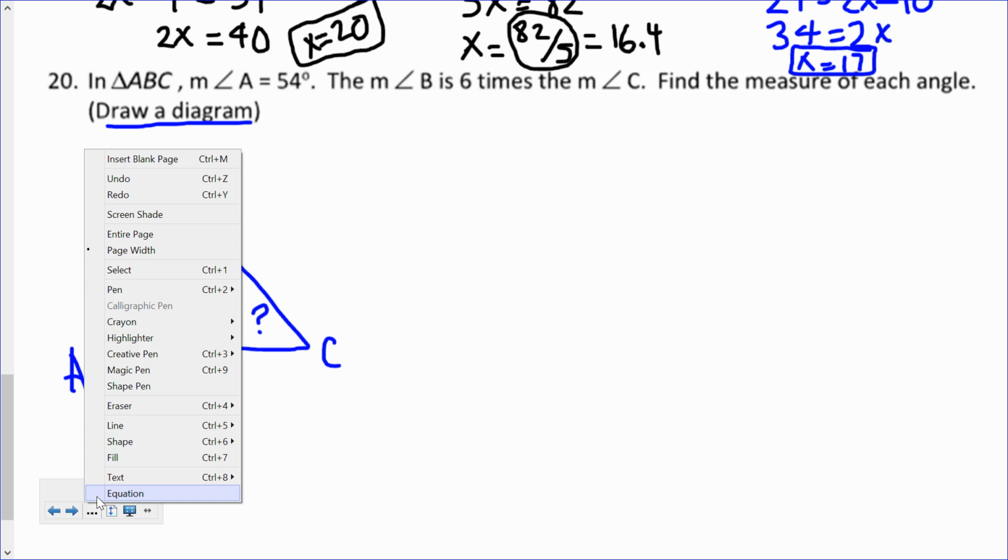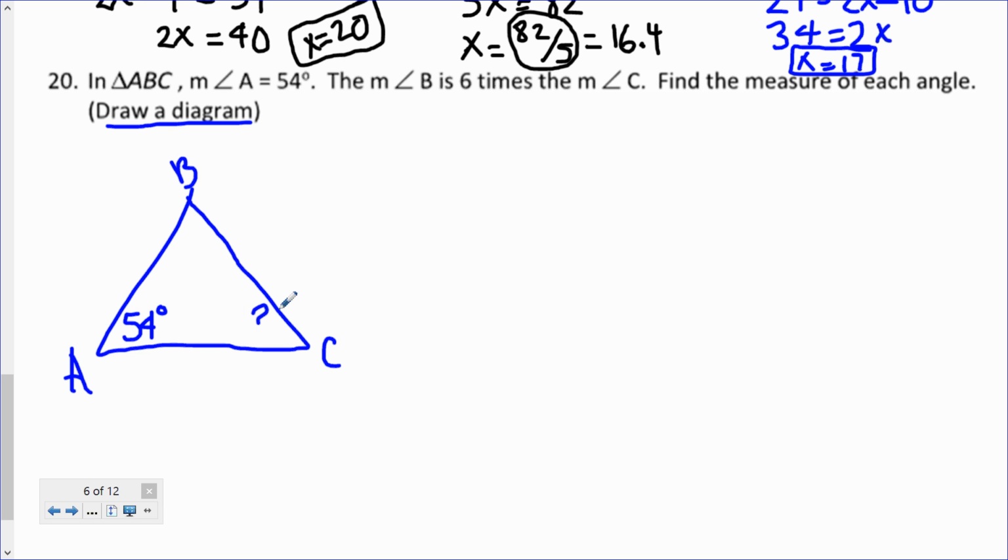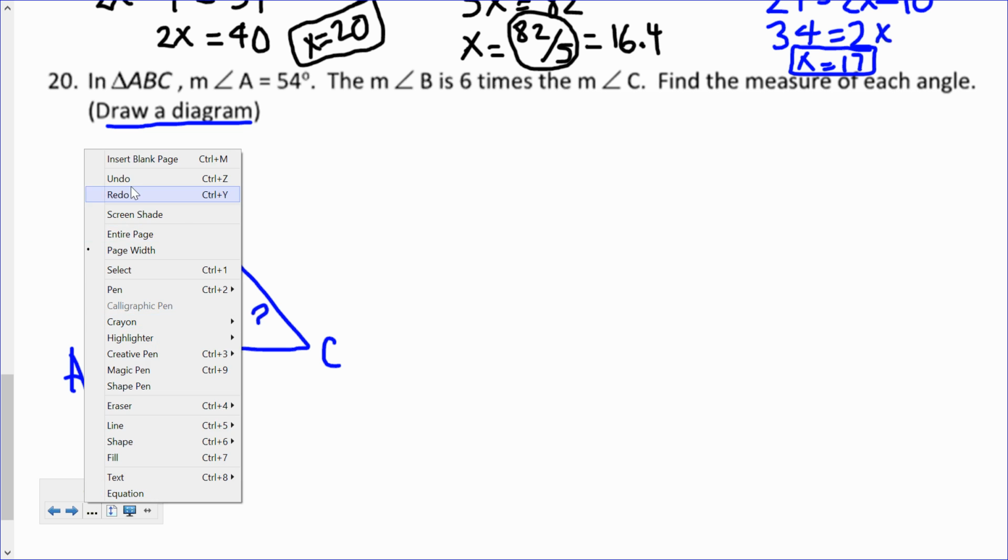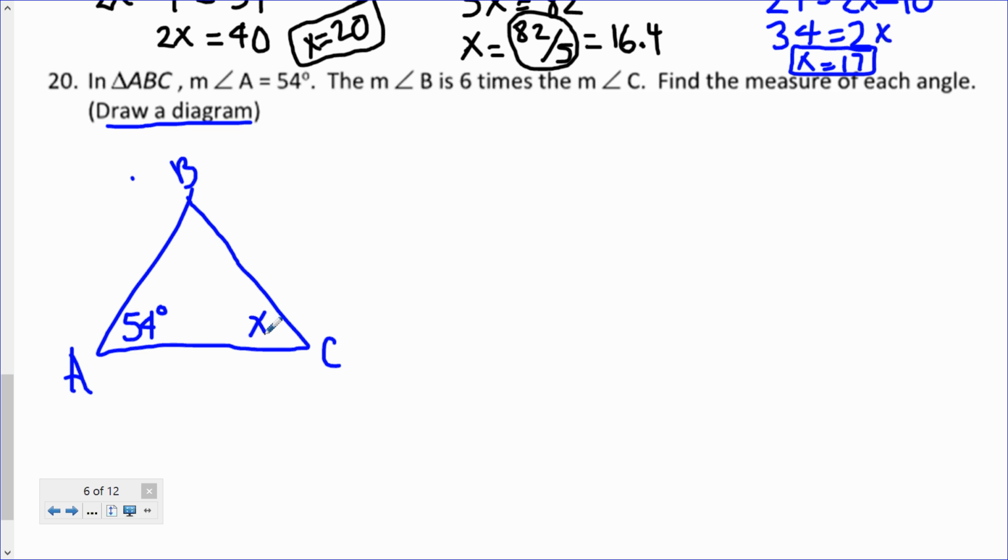So in math, if you don't know something, what do you use to represent that unknown quantity? You use a variable. So let's call it x. And then B is 6 times the measurement of C, so that's going to be 6x. And now I can add the terms together and set them equal to 180 degrees.